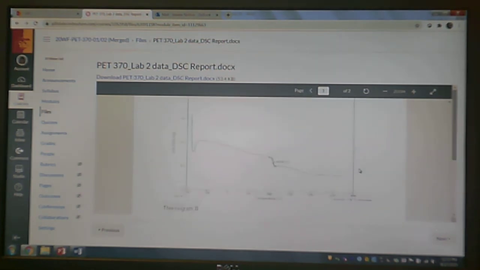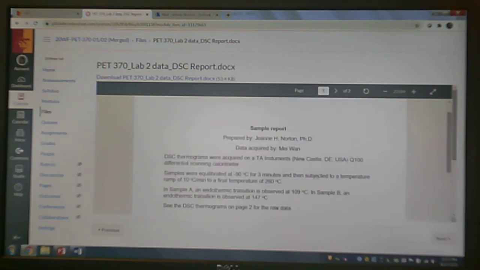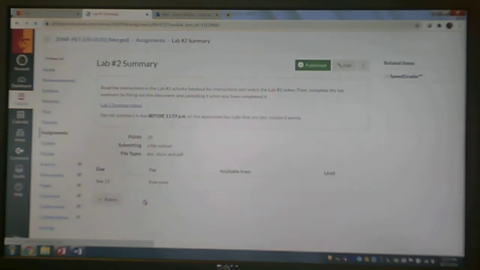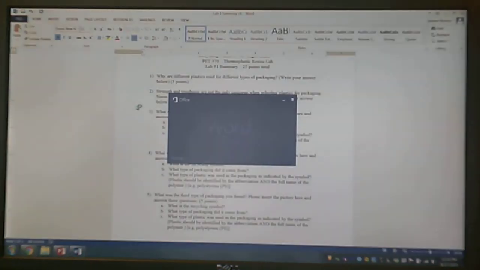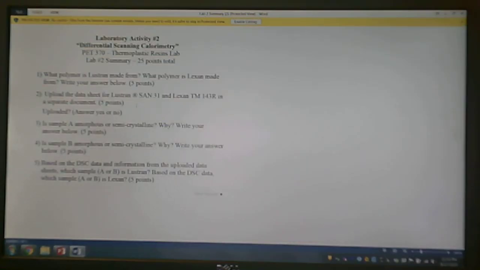The raw data is present here, so we have the two thermograms that show the data, it's raw data, and then we have the summary of the data right there. So when we go to do your summary, you need to take a look at that whole data packet and then answer your questions based on the data packet.